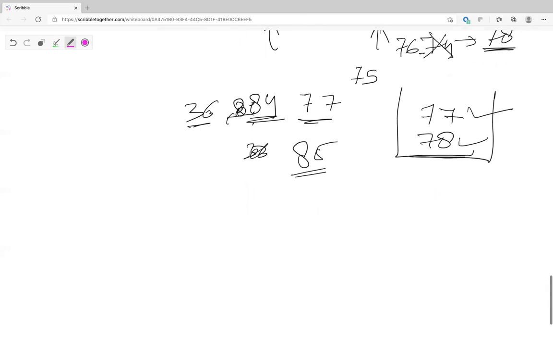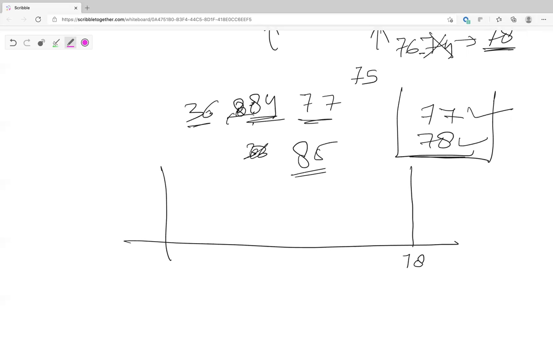So basically, this is what was happening. Let's say this is 78. This is 76. So you said 76 is useful. Then you added 75 and you kept 76 because 76 was useful. Now let's say you got 77.